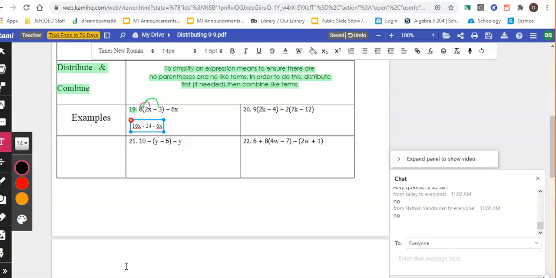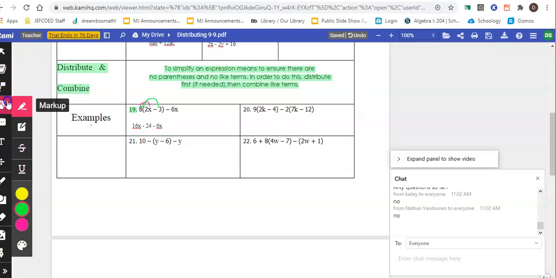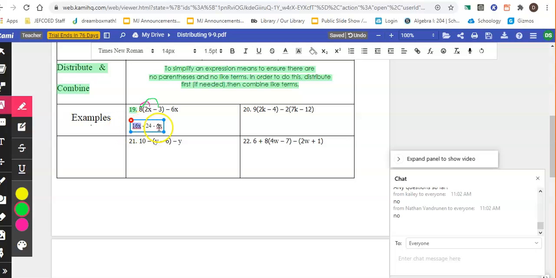I have variable terms in the expression, and I have constant terms in the expression. So I'm going to go back. I'm going to highlight my terms that are alike, which is my variable term, 16x, and also the negative 6x. Okay, those are highlighted. And then now we'll come back to simplifying the expression.